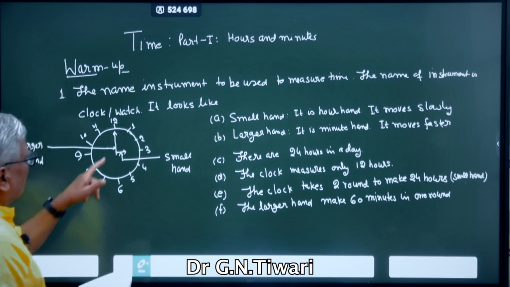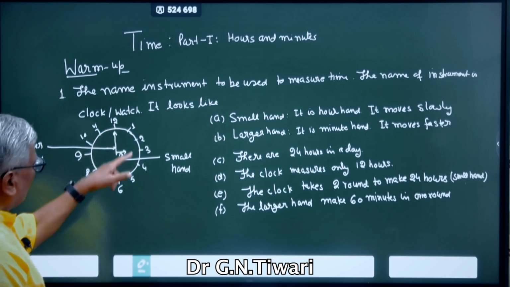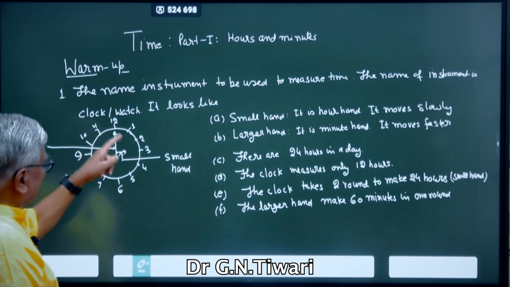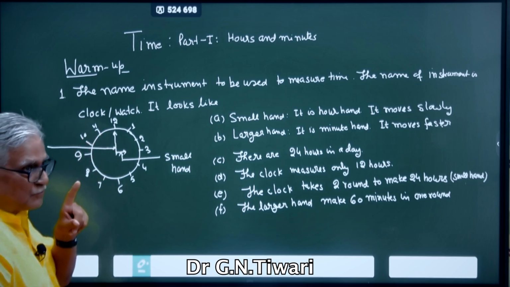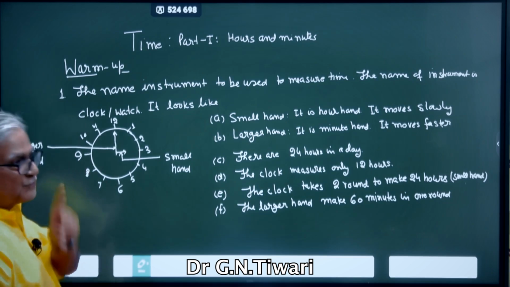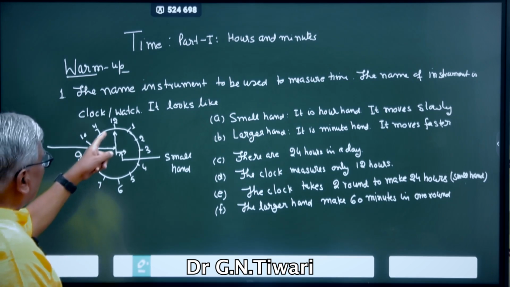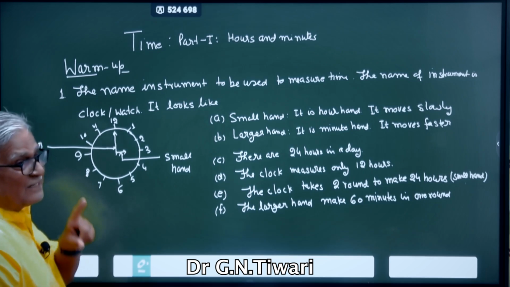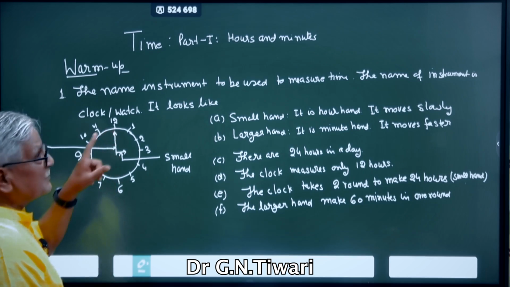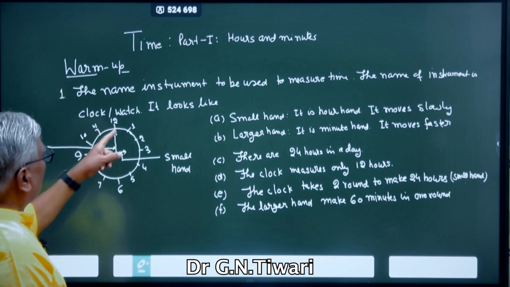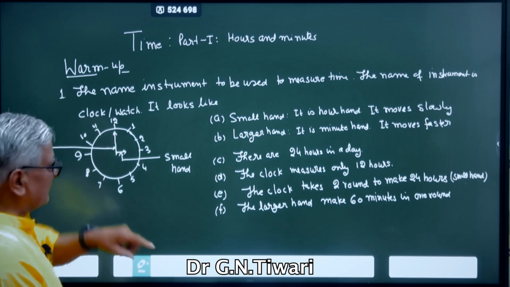That means if the small hand moves from 12 to 12, then it is 12 hours. Again 12, 24 hours. But when the larger hand moves one round, it is 60 minutes. 60 minutes means 1 indicates 5 minutes, 2 indicates 10 minutes, the table of 5. So 12 fives are 60.